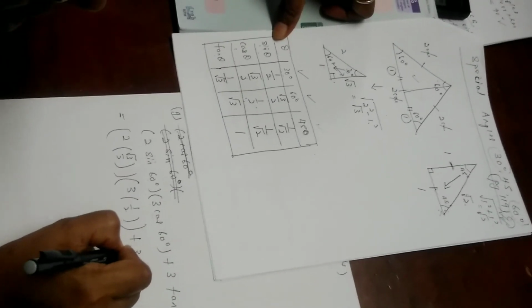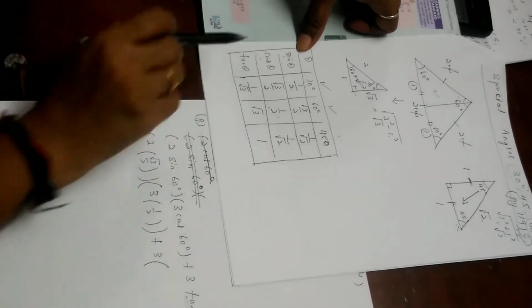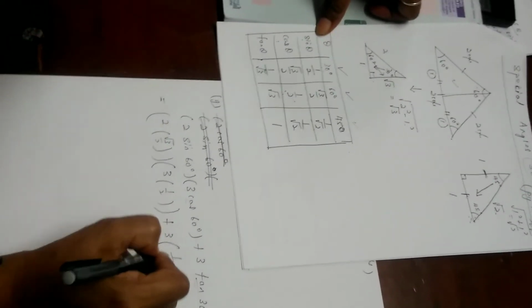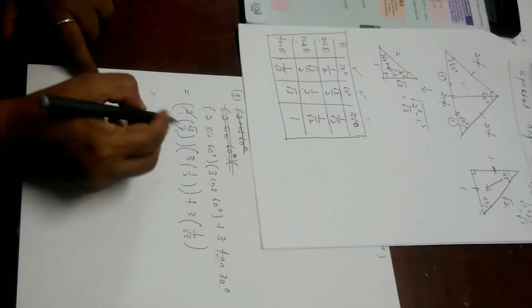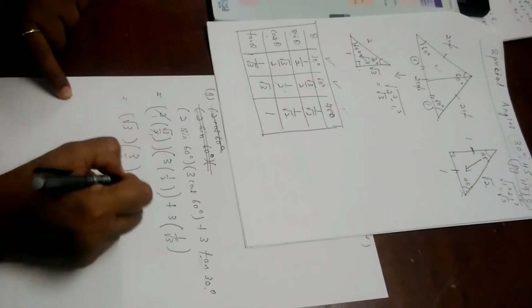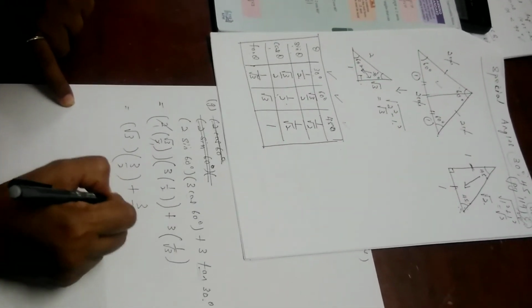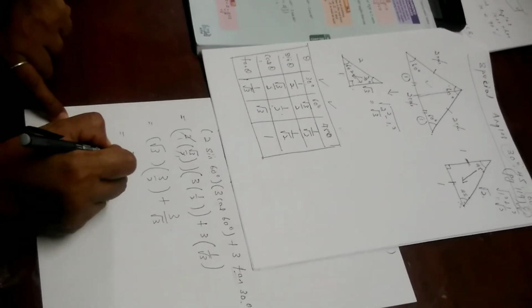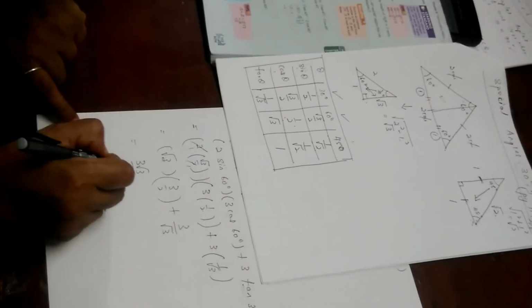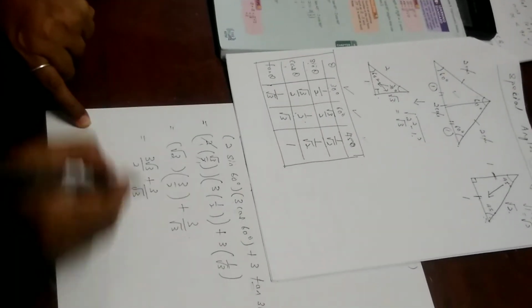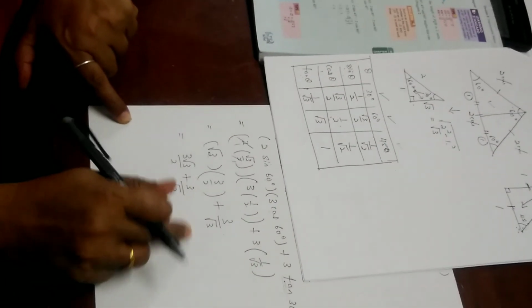Plus 3 tangent 30 degrees, 1 over square root of 3. So this and this will cancel. I'll get a square root of 3 here. This times this is 3 over 2 plus this times this is 3 square root of 3. So everyone, the next step is just use a calculator to get the answer.